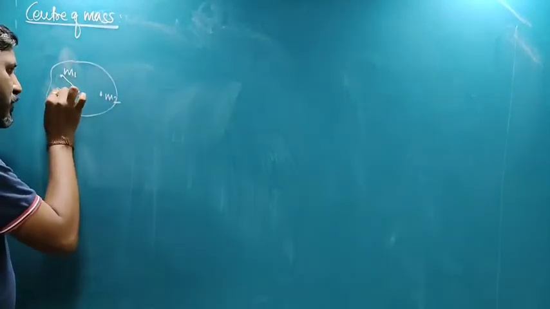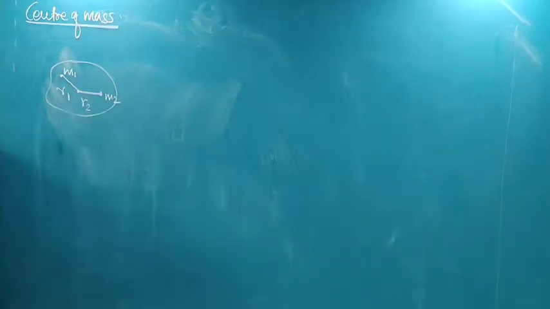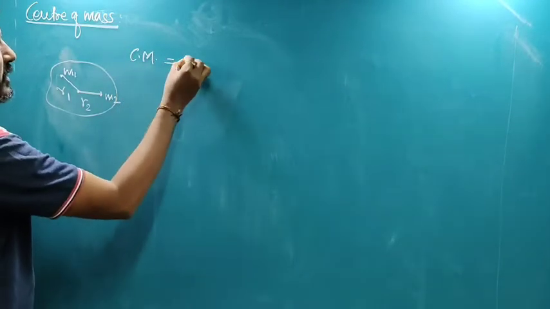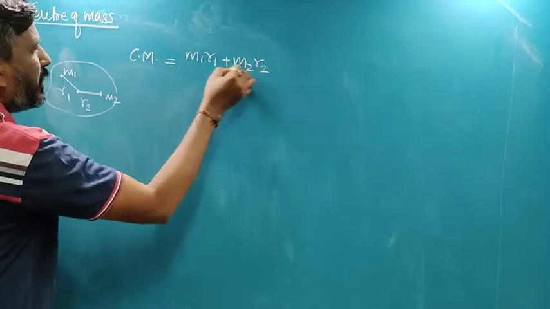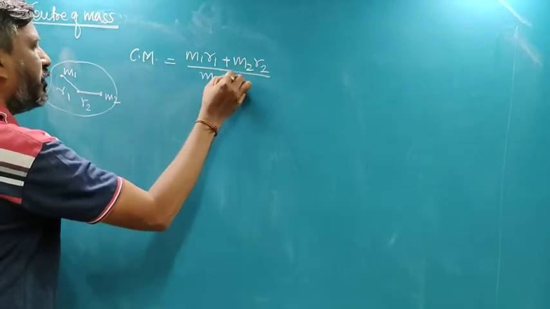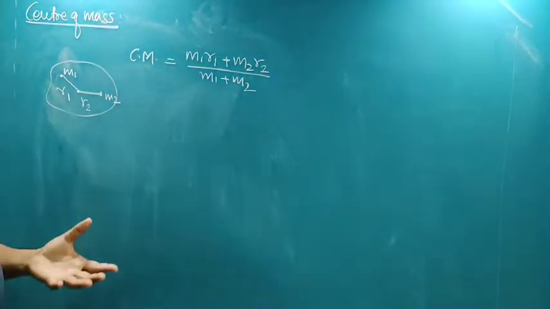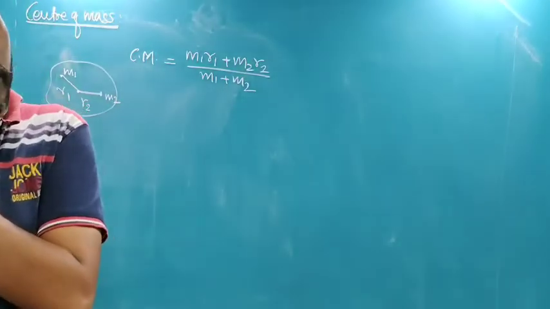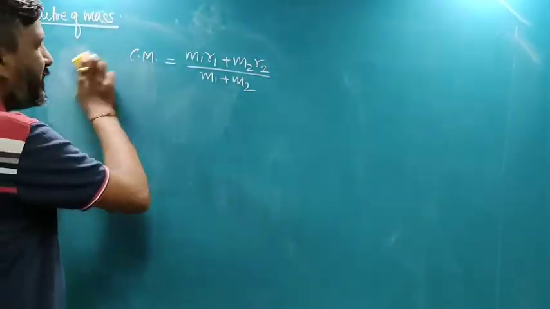The first mass is situated at distance r1, the second mass is situated at distance r2, then the center of mass is given by m1 r1 plus m2 r2, divided by the sum of masses, that is m1 plus m2. In the same way, we can also calculate the center of mass for the x-axis, y-axis, and z-axis. Now come to one simple example.